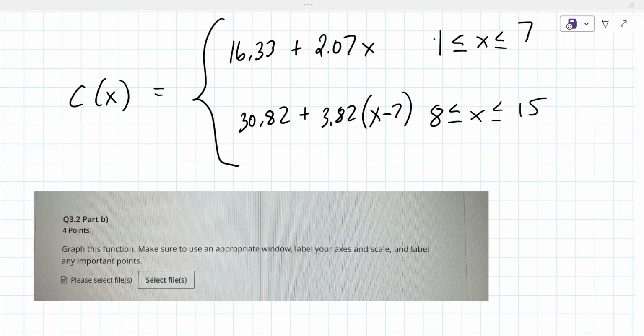And then 30.82 plus. All right, now the oddity of this one is that there's this gap between them.